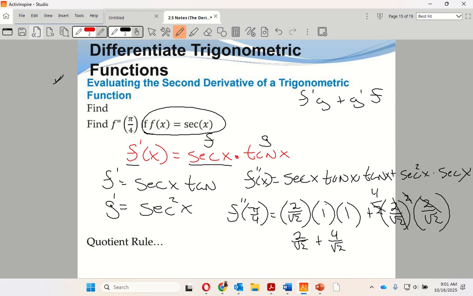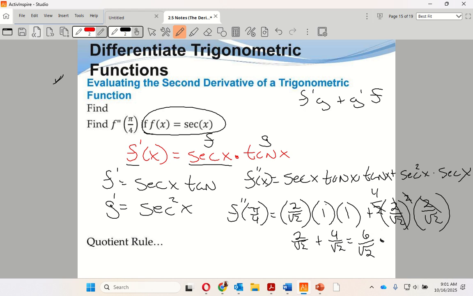I left this without rationalizing the denominator for a reason, because if I rationalize the first one, I'll have to rationalize the second one before I can combine like terms. Can I combine like terms? Yes. So rationalize at the end when you have to. The common denominator is rad 2, so 2 plus 4 is 6 over rad 2. Now I'm going to rationalize.